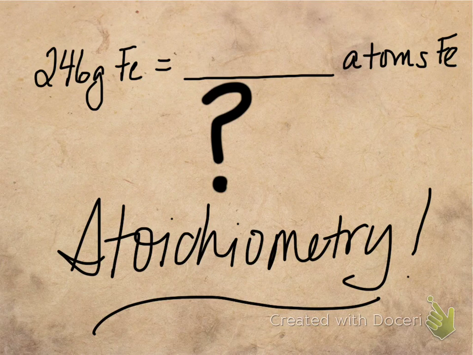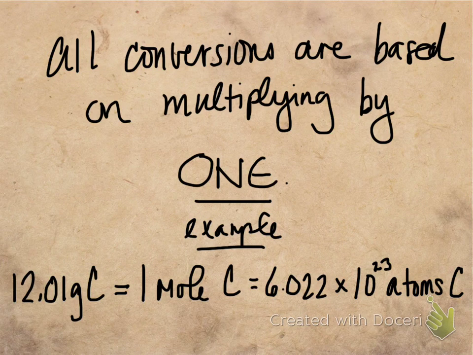Pretty simple problems. To convert between something like grams to moles, or grams to atoms, or moles to grams, or moles to atoms, we have to remember that all conversions are based on a simple principle of multiplying by 1. So we multiply by stacks of things that are the same.